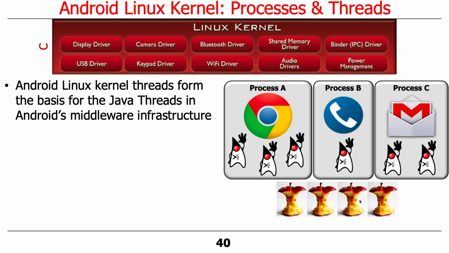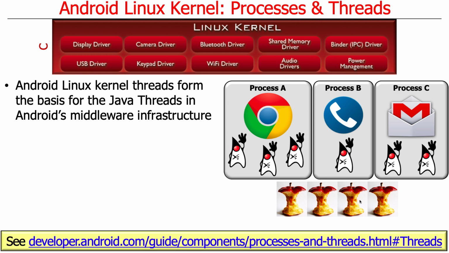Pretty much every Java virtual machine is implemented by taking the Java threading abstractions and then layering them on top of the underlying operating system kernel threads, or more likely the C language library interface to the kernel threads. So if you look at the Java platform you would get out of the box, it'll implement the threading abstraction in the Java layer with pthreads or Windows threads or whatever. So again, you can find out more information here at this link.